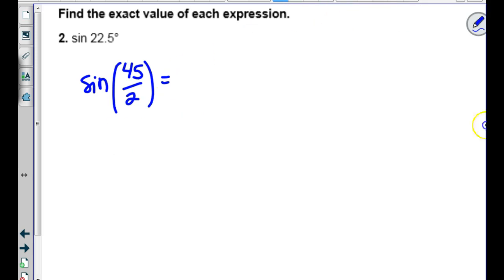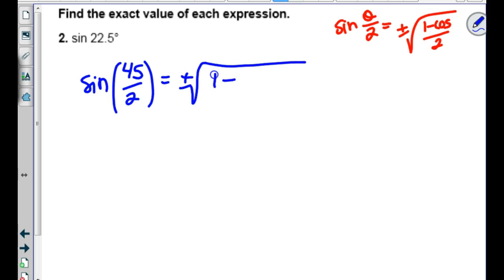So we're going to use sine of theta over 2 equals plus or minus the square root of 1 minus cosine theta over 2. Everybody see where I'm at on the reference sheet? Okay, so this would become plus or minus 1 minus the cosine of, what did we put in for theta? 45. 45 all over 2. All right, what's the cosine at 45?